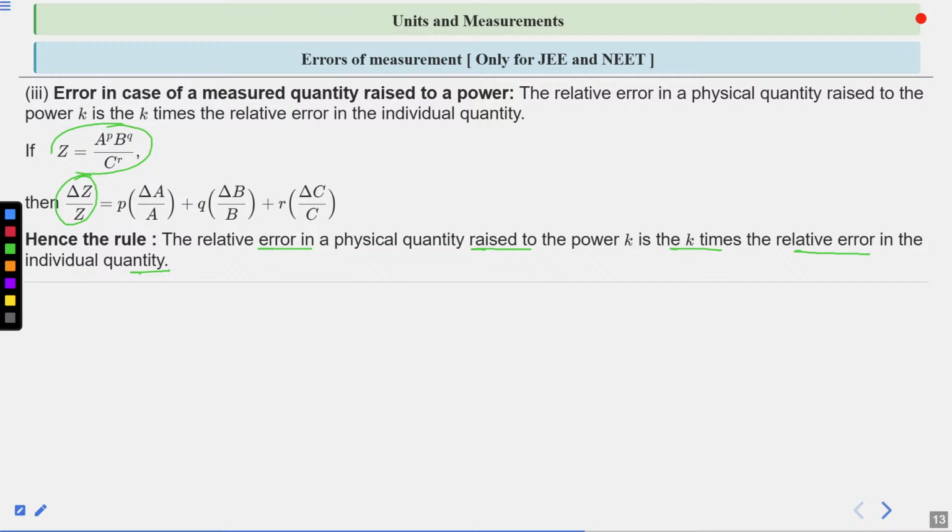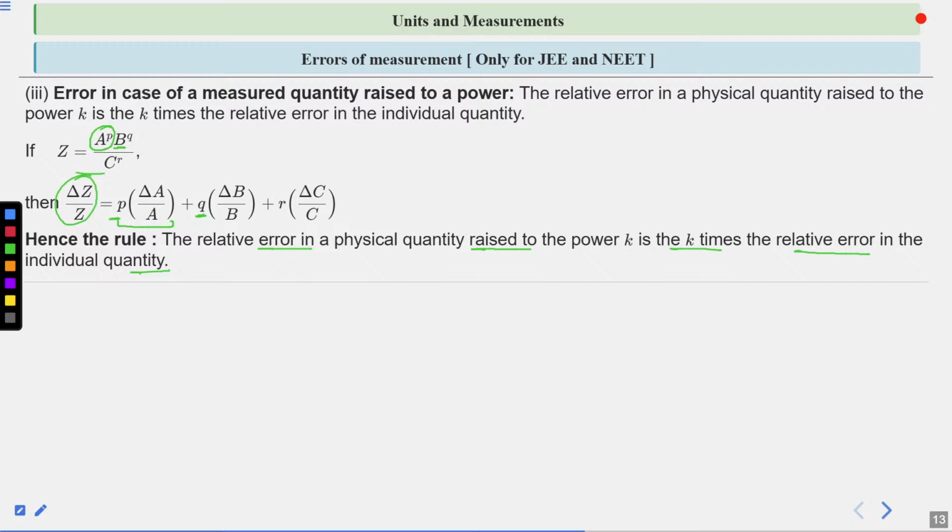First of all, we take the first quantity, a raised to the power p. So the power comes outside, like p, and the remaining term is a. So a will be delta a divided by a, plus the second quantity is b. Now the power is q, so q comes outside with multiplication, and the remaining term is b.